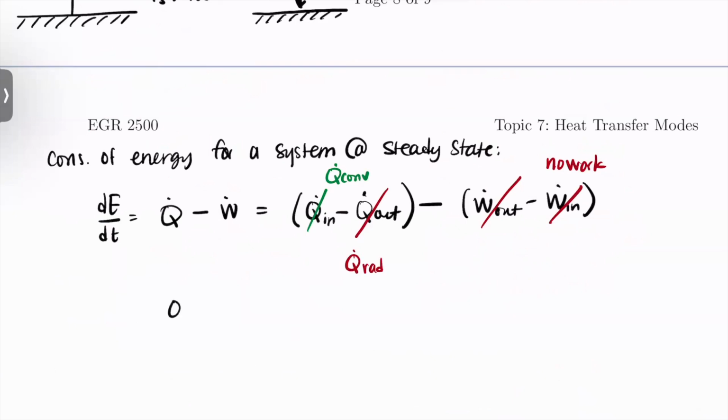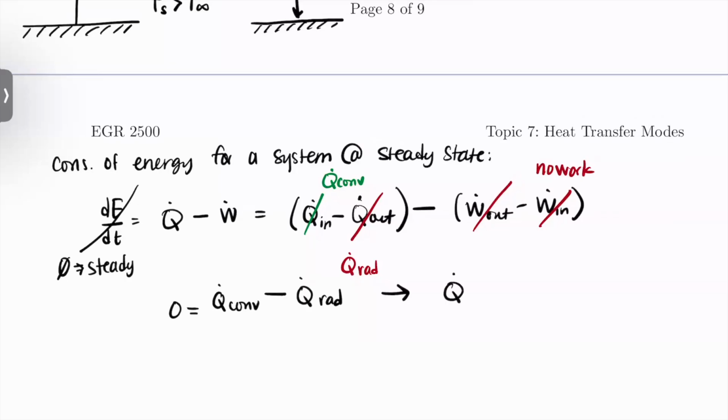All right, so dE/dt is 0 since it's steady. So 0 is equal to Q dot convection minus Q dot radiation. And we can rewrite this to say that Q dot convection is equal to Q dot radiation.